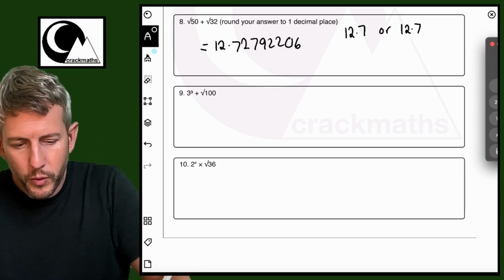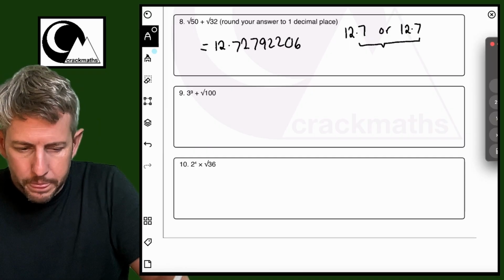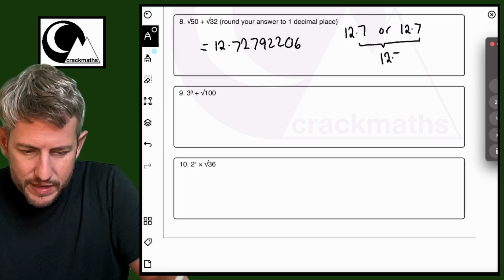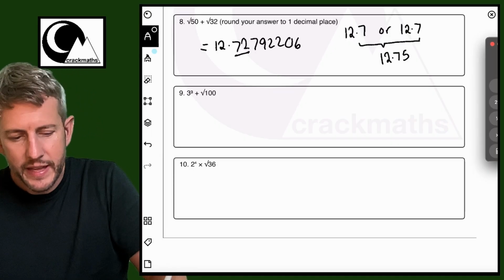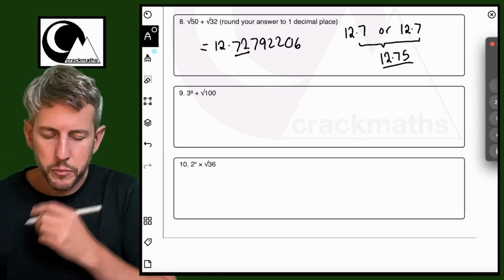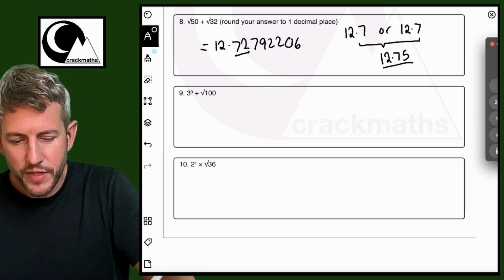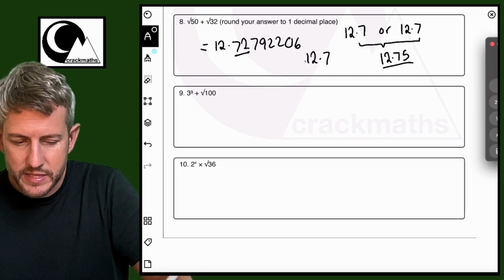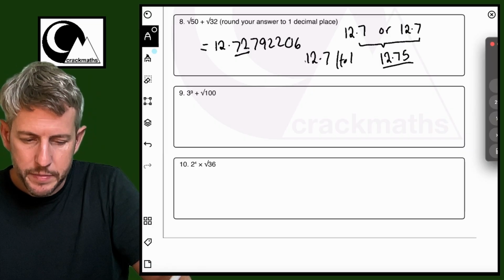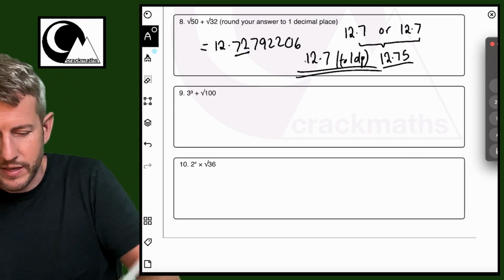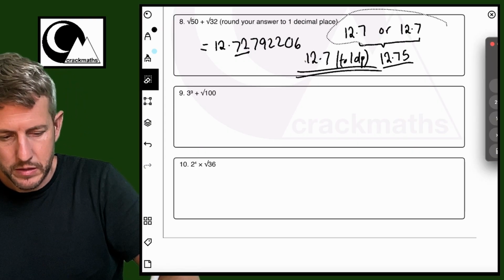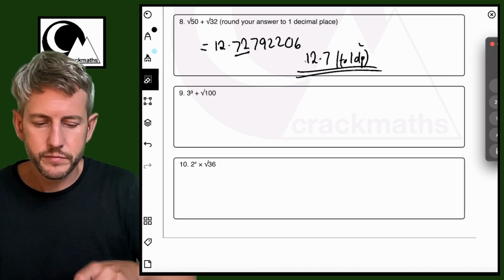So the midpoint of these two numbers here is 12.75. Okay, well 12.72 is less than 12.75, so that means that the answer to this question is 12.7 to 1 dp. Okay, we'll highlight that to make it nice and clear, and I'm just going to get rid of that.